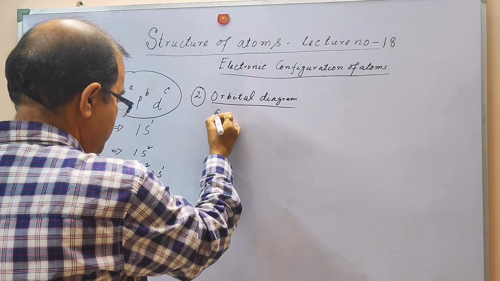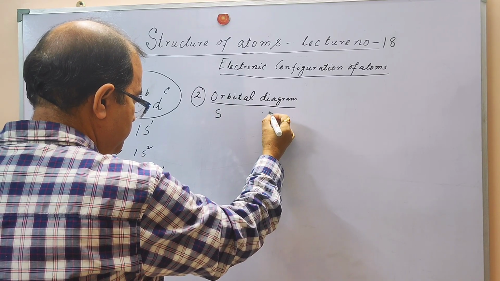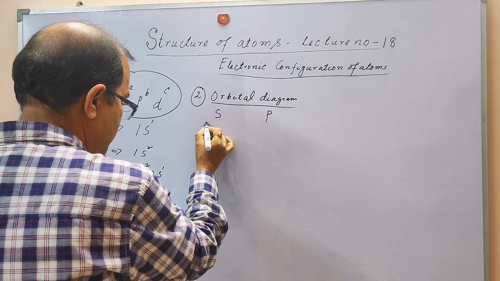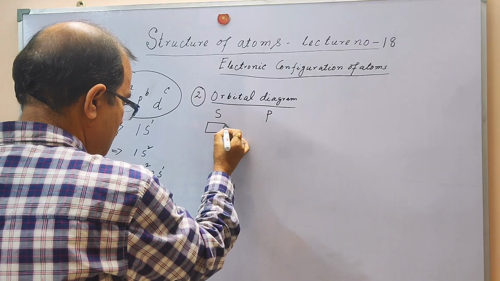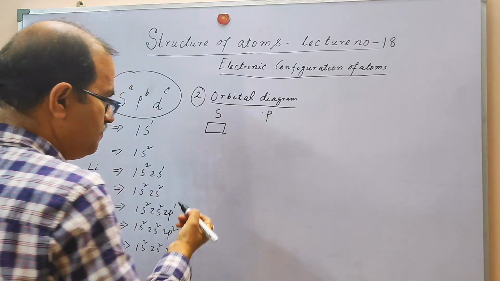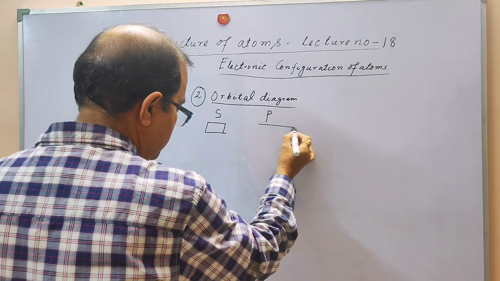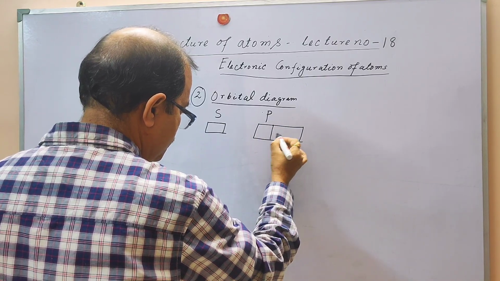Suppose this is the s subshell, this is the p subshell. In the s subshell, we know there is only one orbital, which will be represented by this. In the p subshell, there are 3 orbitals, represented by these squares.